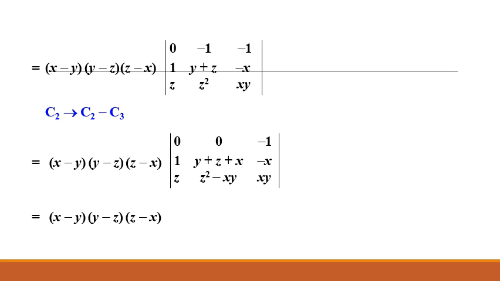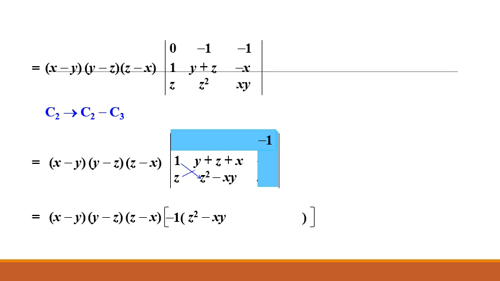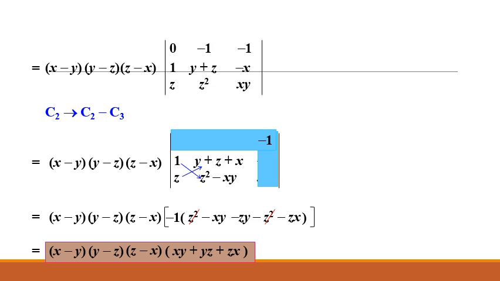We get x minus y, y minus z, z minus x into minus 1 into z square minus xy, and z into y plus z plus x. On simplifying the bracket, we can see z square and z square will cancel off, and we can multiply all the terms by minus 1. So we get x minus y, y minus z, z minus x into xy plus yz plus zx, which is the required RHS.